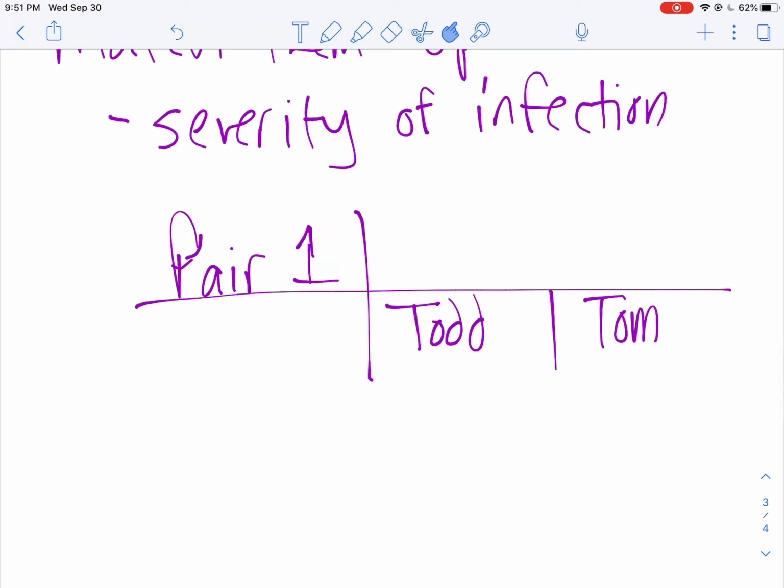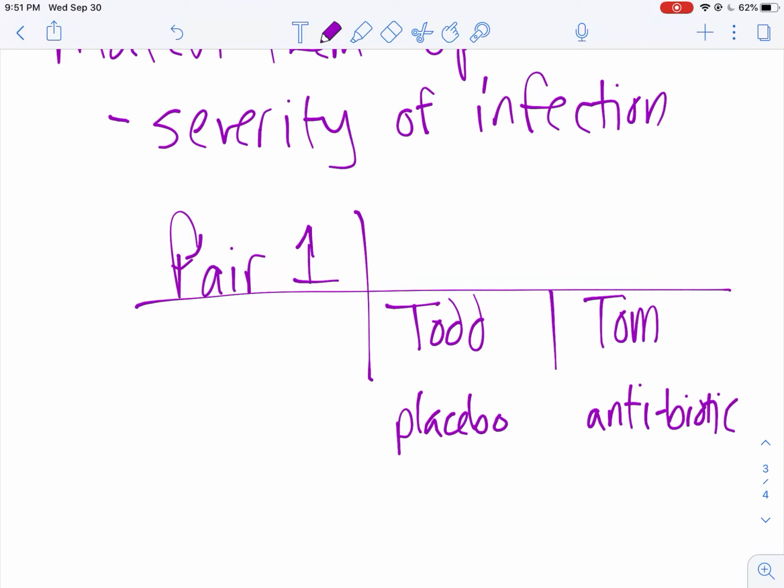So we randomly select which one of them is going to get the placebo and which one is going to get the antibiotic. Using a hat, whatever, Todd gets the placebo. We don't tell him. Tom gets the antibiotic, and we don't tell him either. We treat them, and Todd gets his placebo, Tom gets his antibiotic.